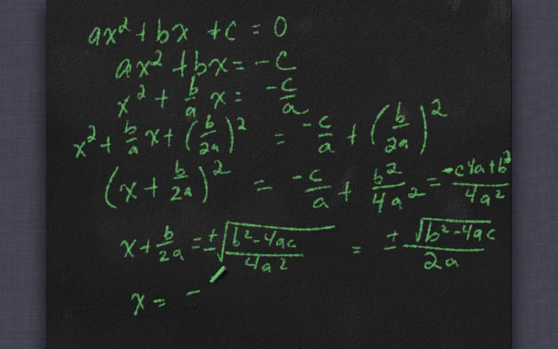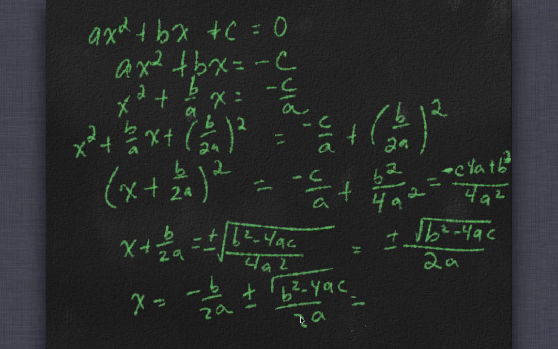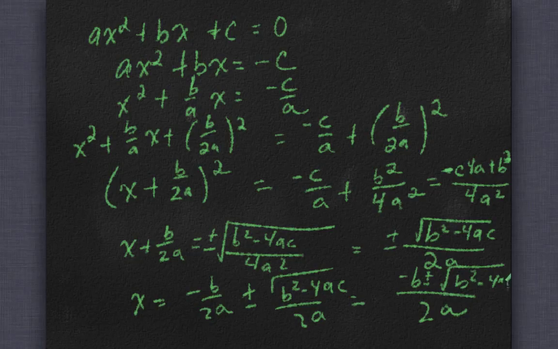So x equals negative b over 2a plus or minus. And nicely, this already has the same denominator, so negative b plus or minus. Okay, there should be a c there. Now, this gives us a couple of things.